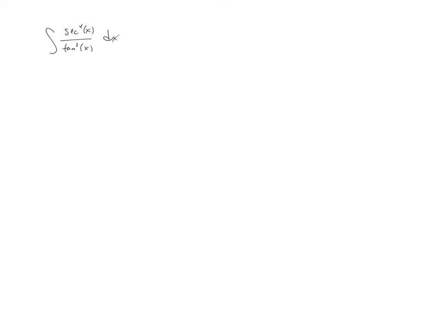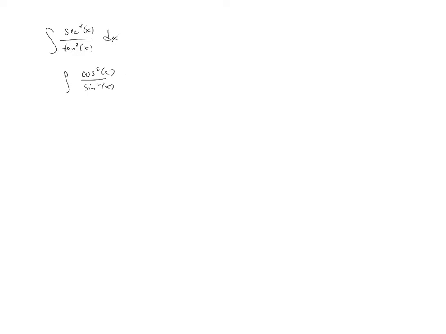Okay, so for this first thing, I'm going to rewrite secants and tangents in terms of sines and cosines. For the tangent squared in the denominator, which is cotangent squared, that's going to be cosine squared over sine squared.